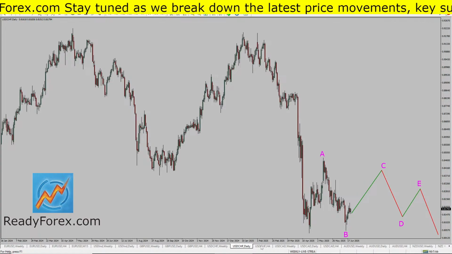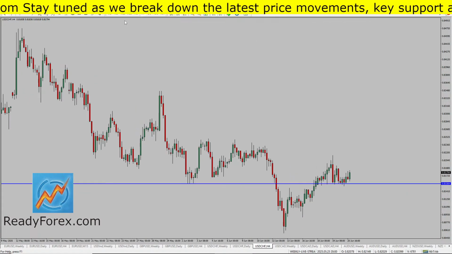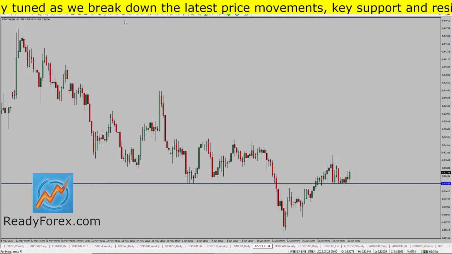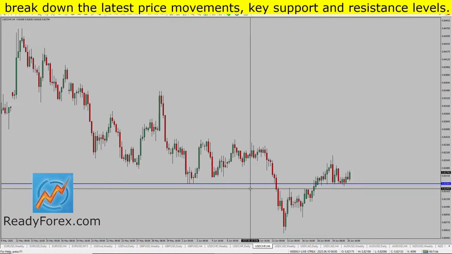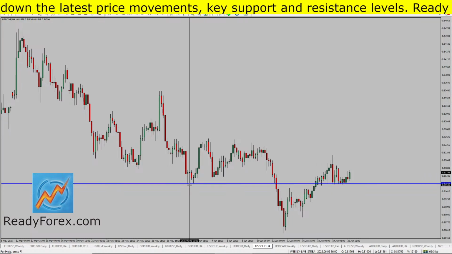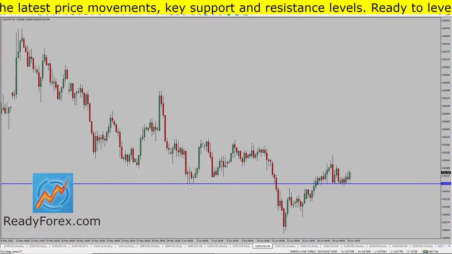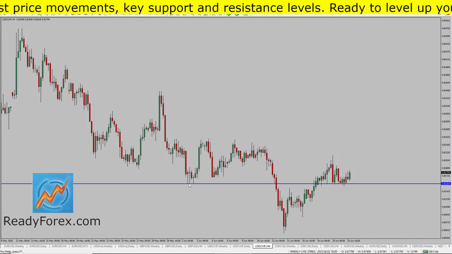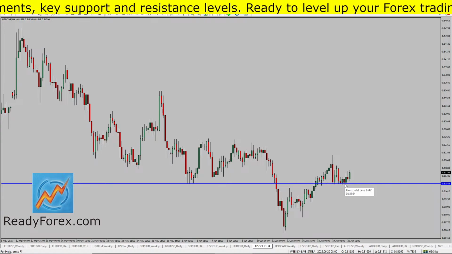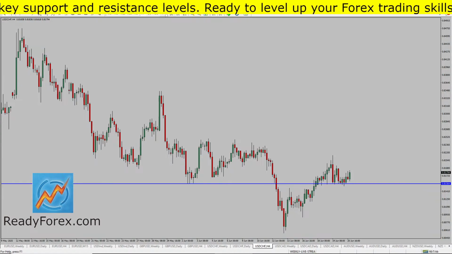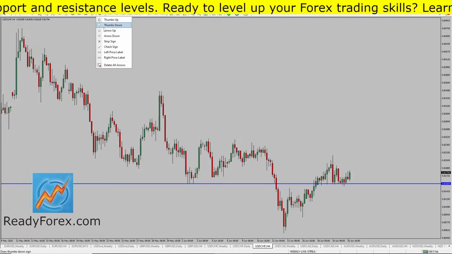The US dollar Swiss franc currency pair, the way I see, it manages to make up the support, which was working as resistance and now is into support. So this is a simple technical analysis.